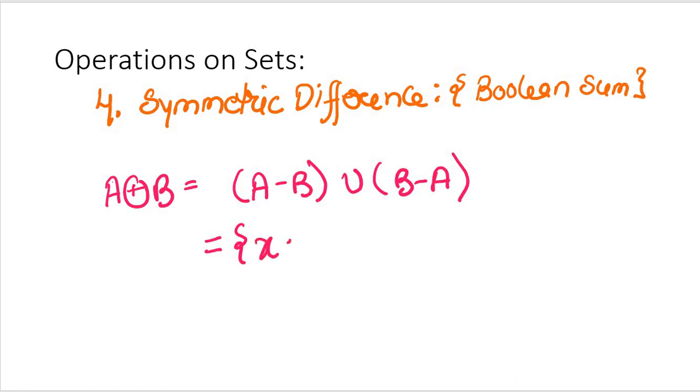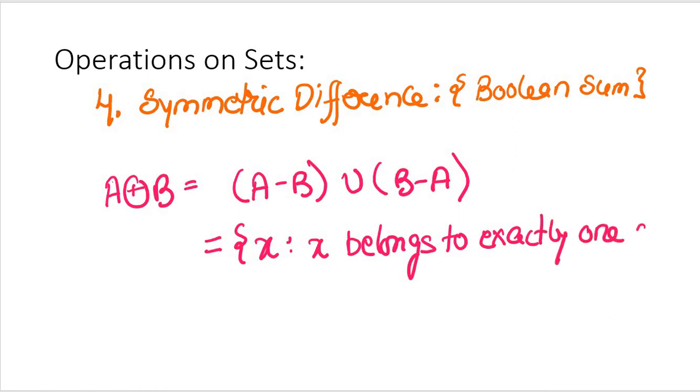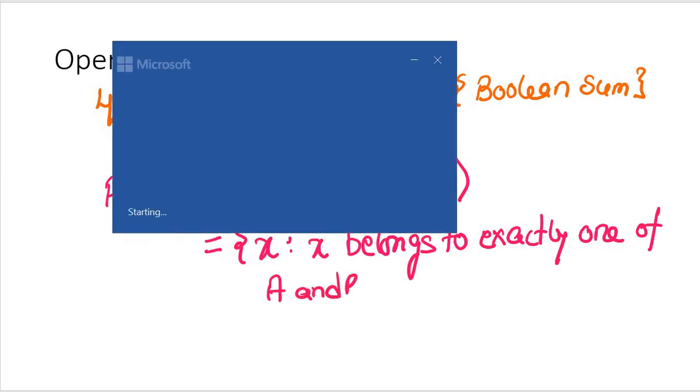This can also be written as X, where X belongs to exactly one of A and B.